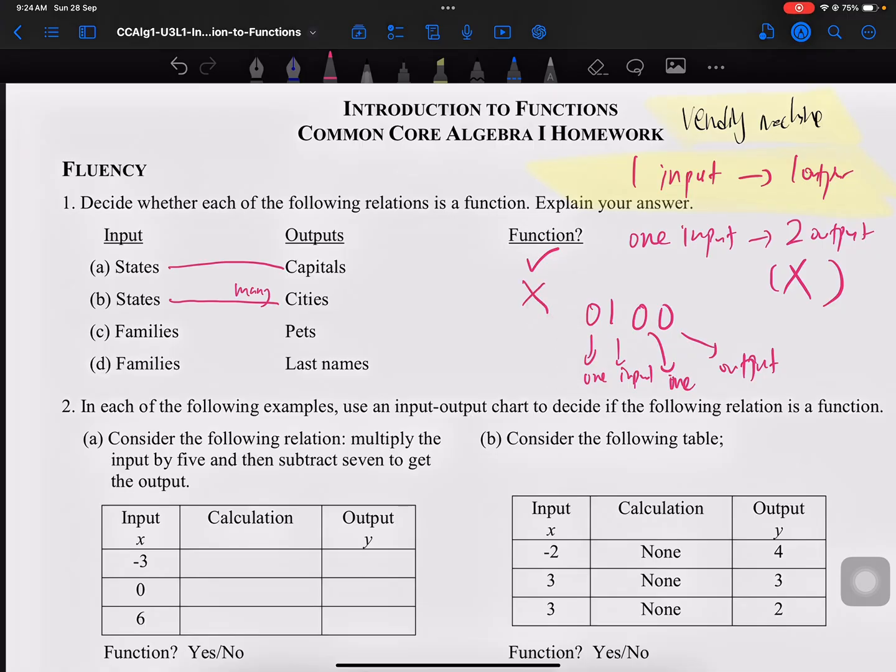A family can have one pet, because a family cannot have many pets. So one to many, not a function. Okay, one family name. We accept this assumption because usually there is one family name. So this is a function.